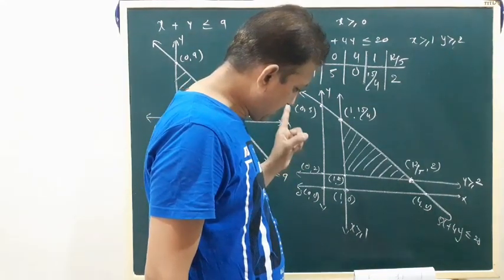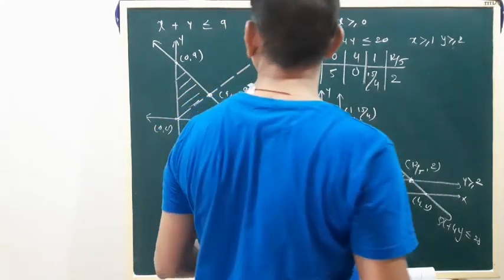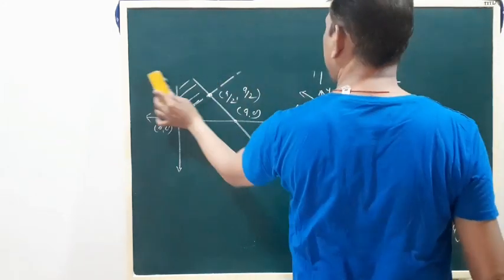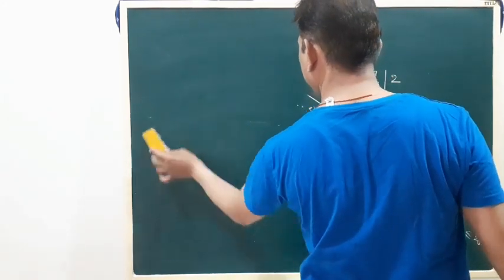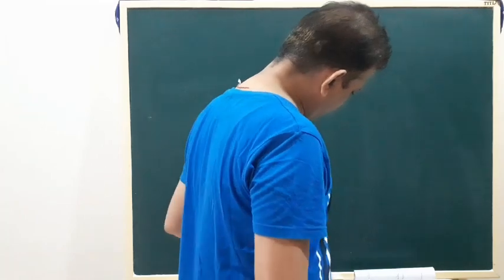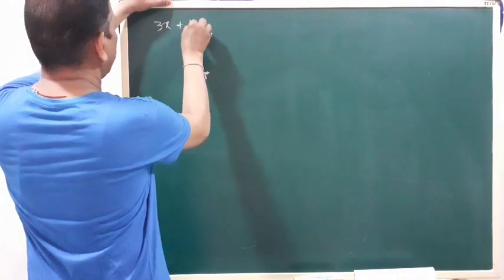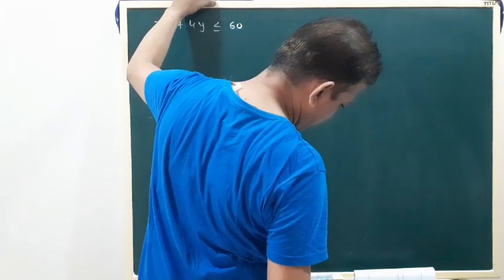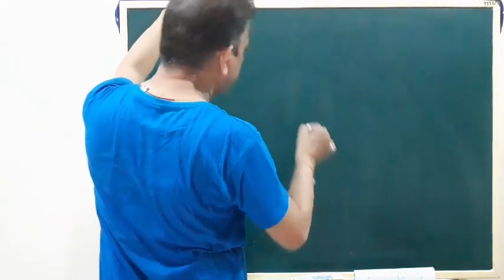Okay. Now we discuss question number 10. 3x plus 4y less than or equal to 60, and x plus 3y less than or equal to 30.